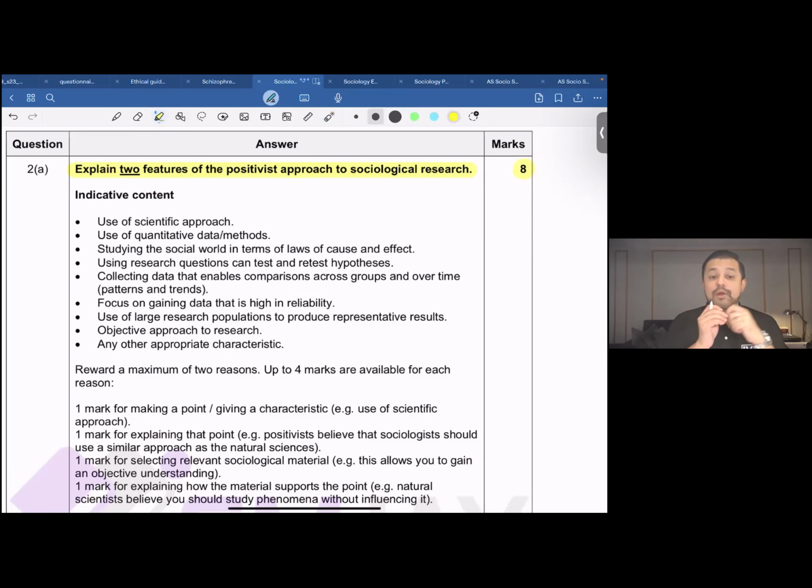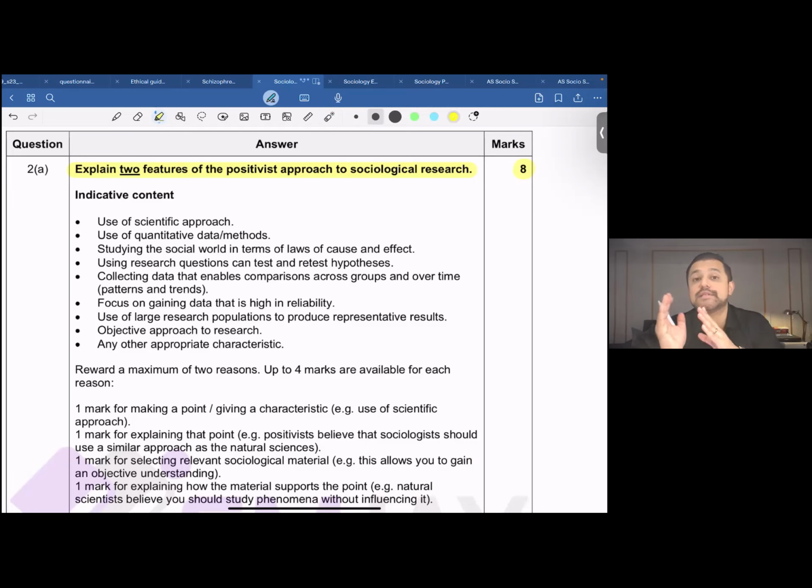Number one, positivists believe that the methods that are used in natural sciences should be used for sociological research as well. I'll say that again. According to the positivist approach, the methods that are used by natural sciences should also be used in sociology.